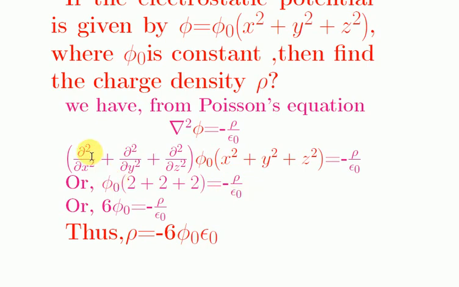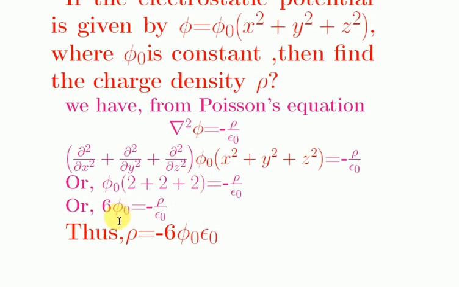Because del 2 del x2 of x square gives us 2, and del 2 del x2 of y square gives us 0, and similarly del 2 del x2 of z square gives us 0. So del 2 del x2 of x square gives us 2, and similarly del 2 del y2 of y square gives us 2, and del 2 del z2 of z square gives us 2.